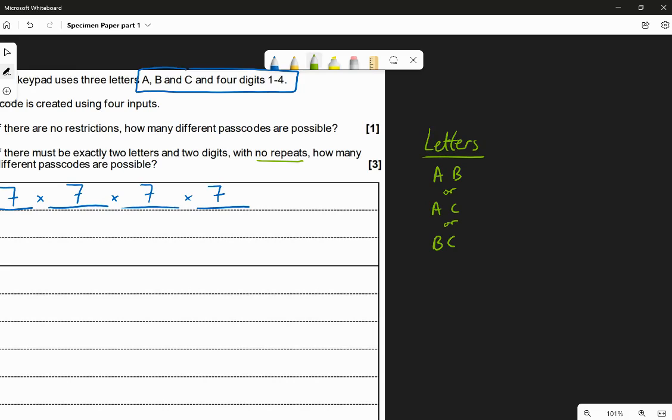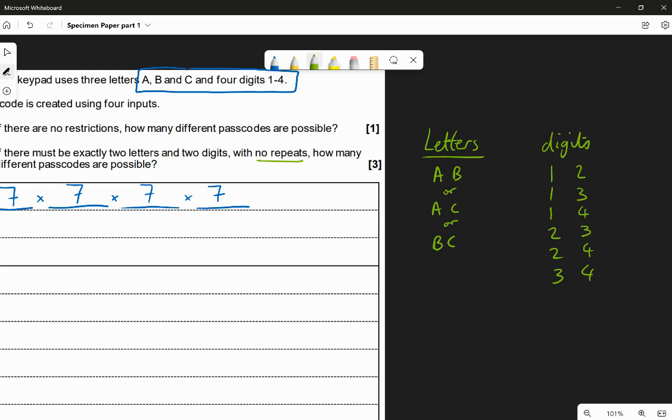And for the digits, again, no repeats, and choosing two digits, I could choose 1 with 2, I could choose 1 with 3, I could choose 1 with 4, I could choose 2 with 3, 2 with 4, and I could choose 3 with 4. So there are 6 different possible options of which two digits I choose. I'm not saying which order I'm choosing them in and where they're going, but these are the 6 possible options.